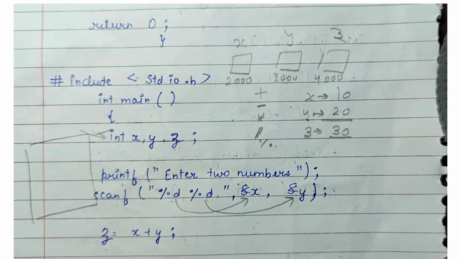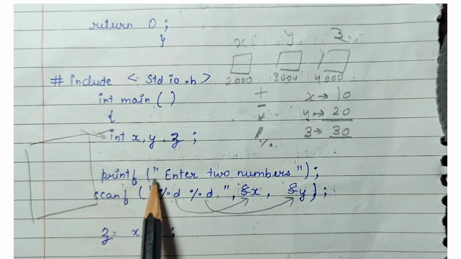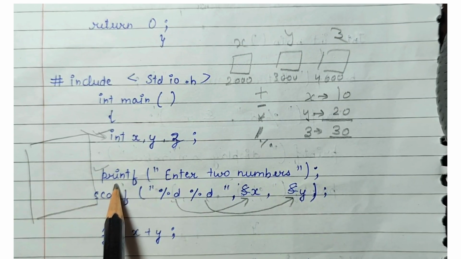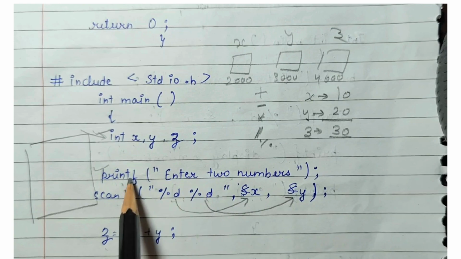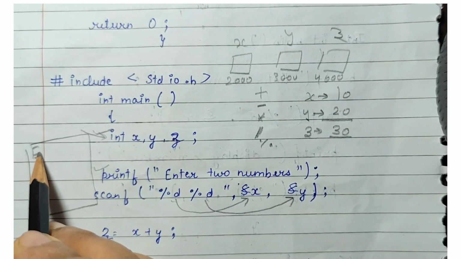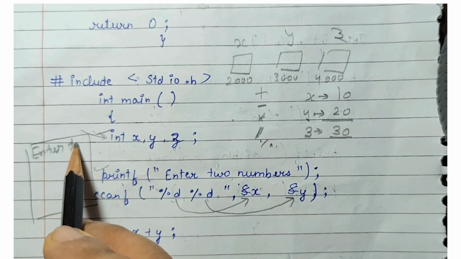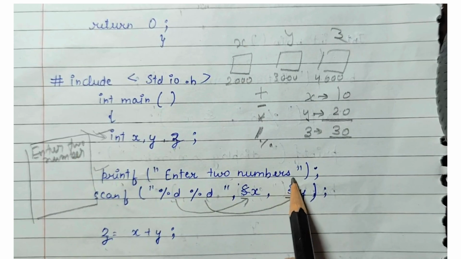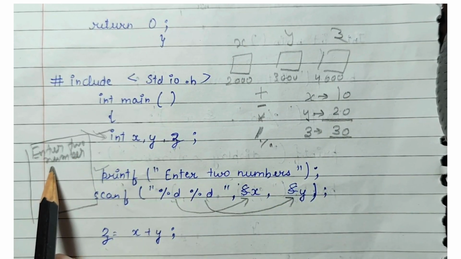After this, the second statement is executed, enter two numbers. Now I hope all of you know what will display on the output screen using this statement: Enter two numbers. So this text message will display as such on the output screen.